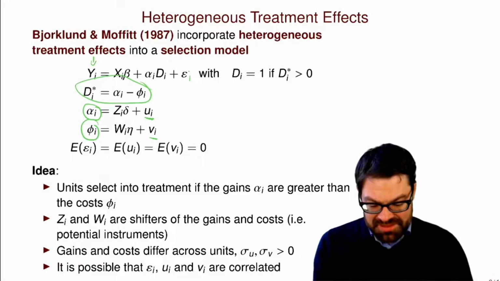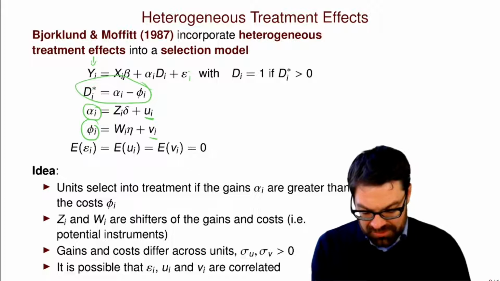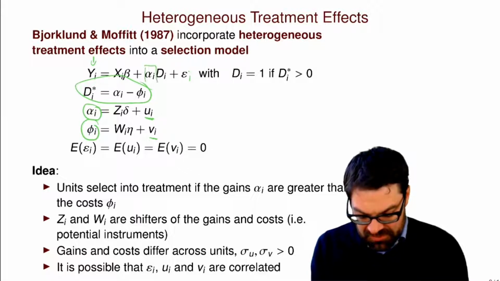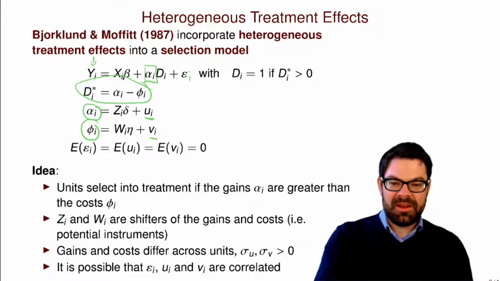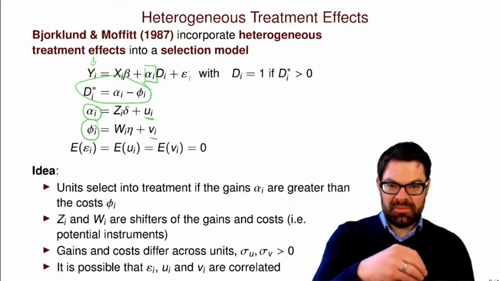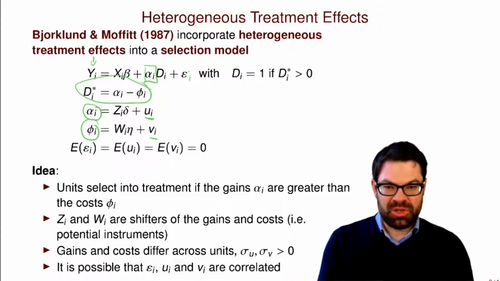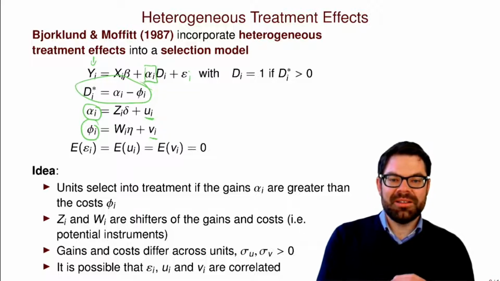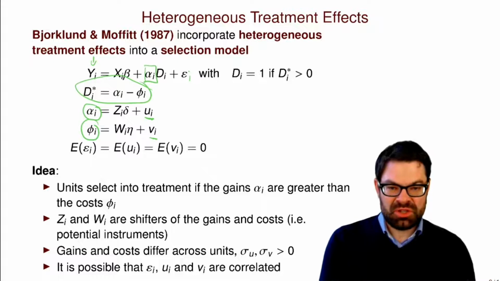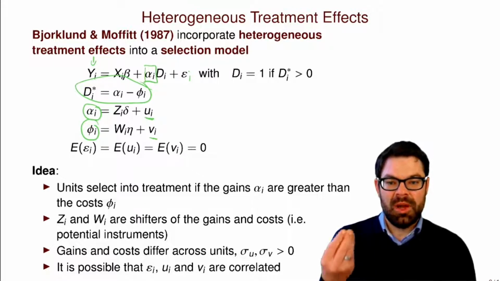And then obviously if you plug alpha in here, alpha also varies across people in the population, and respectively also in the sample. So this is the important extension that the Bjerklund-Moffitt model offers.